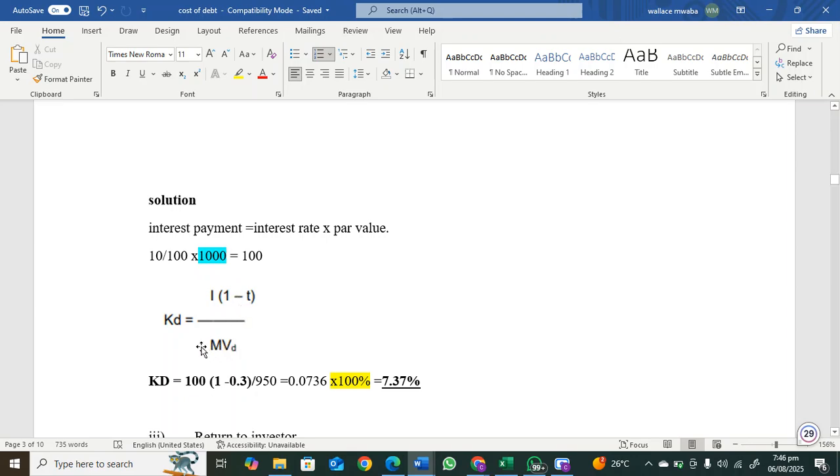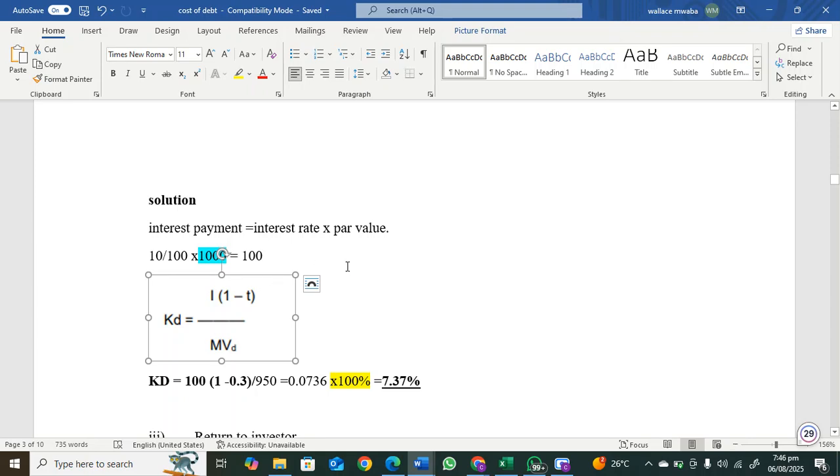The MV is the market price of the debt, how much you're paying for the debt. This formula will not be given to you in the exam, so you need to remember it.